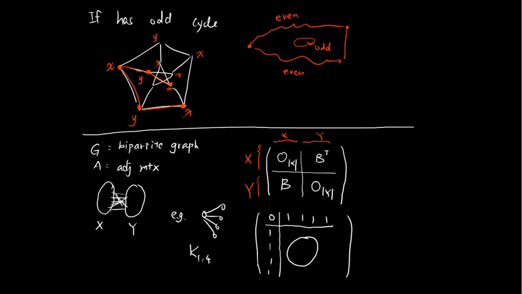You got a 0 matrix of order 1 and a 0 matrix of order 4, and the B matrix is the all-ones matrix. Okay, so later on, all we want to know is what is the property of this kind of matrix.